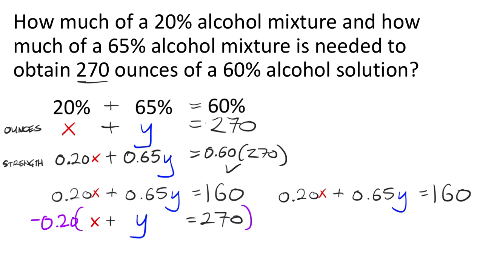Again, I want the coefficients to match, but I want them to be opposites. So what does this give me? Well, I'm going to have a negative 0.20x, and now I'm going to be subtracting 0.20y. And this would equal, now again, I go to my calculator and I do negative 0.20 times 270, and that gives me a negative 54.